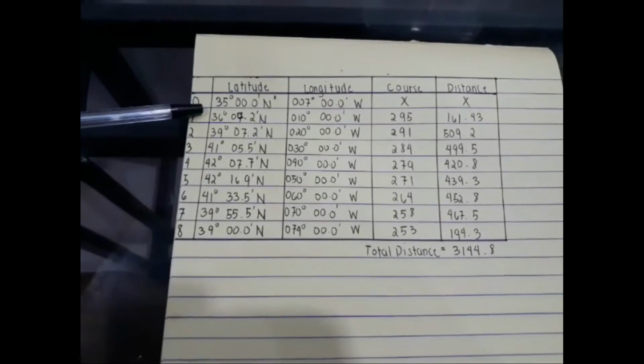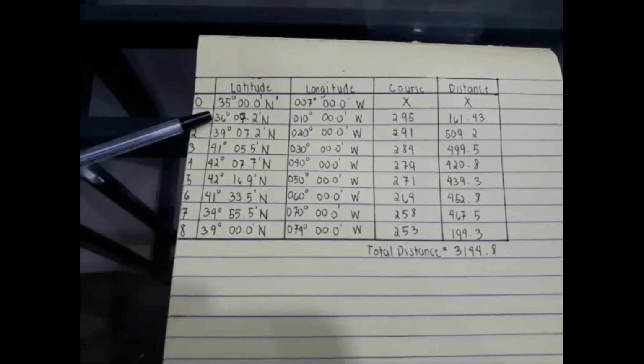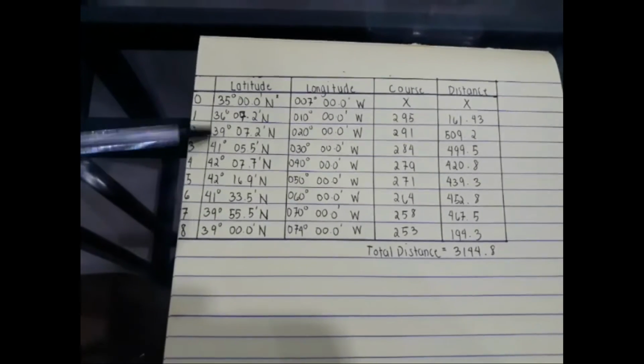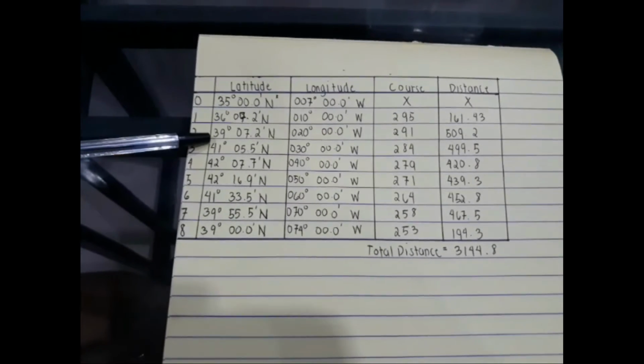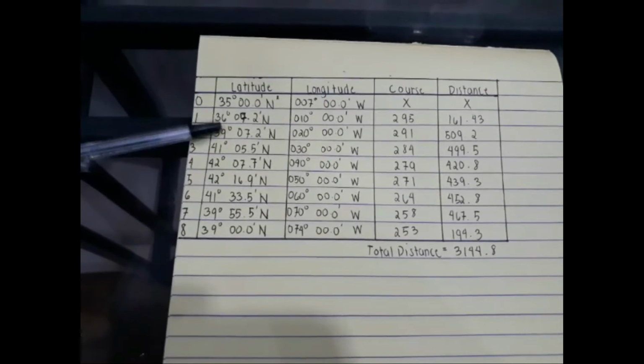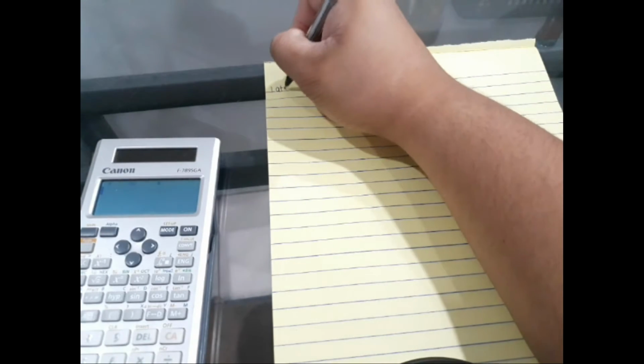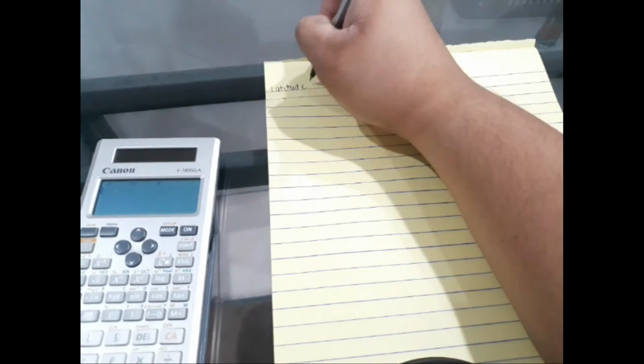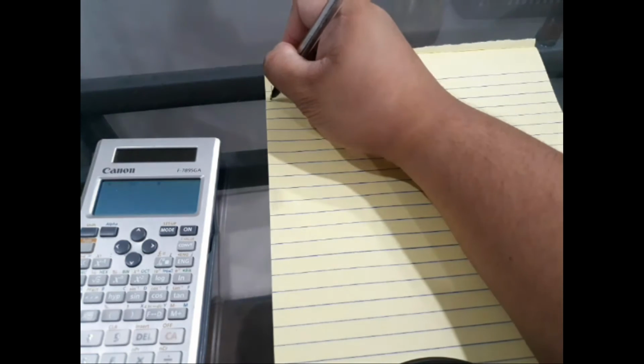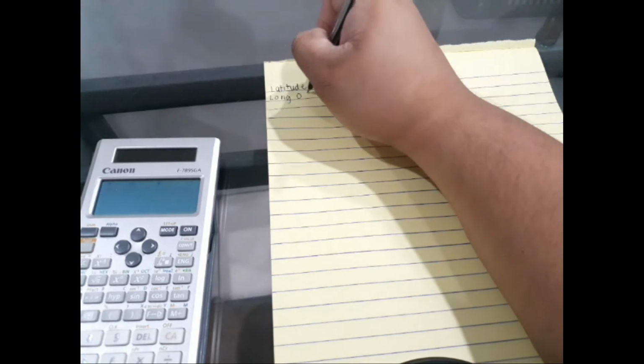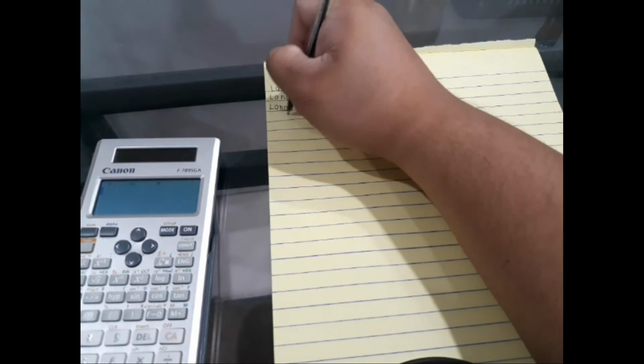And now I will teach you how to get the latitude 1, 36 degrees and 7.2 north, and the latitude 2, 39 degrees and 7.2 north. So we will now start. So you just write first the latitude 1. So we're gonna write long 0, and of course the long 1.